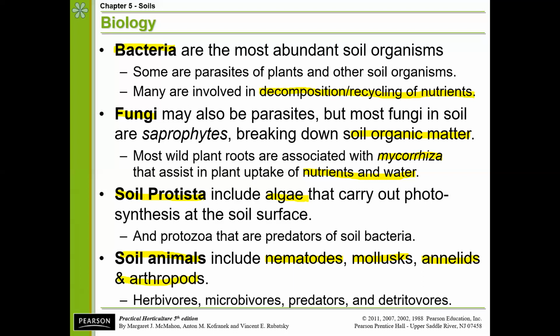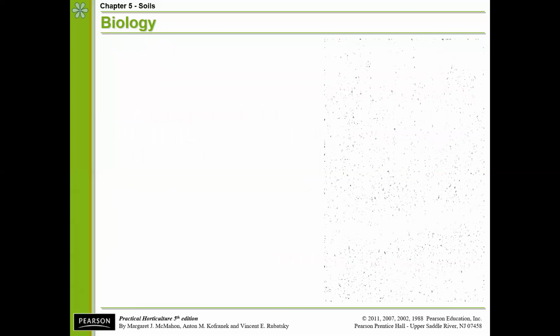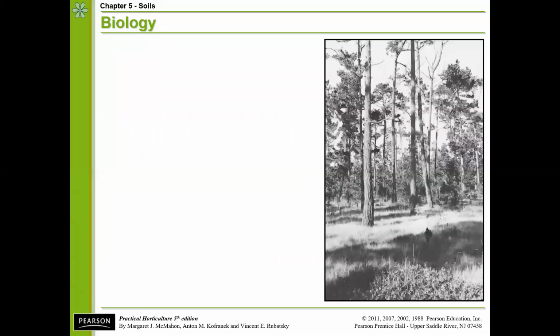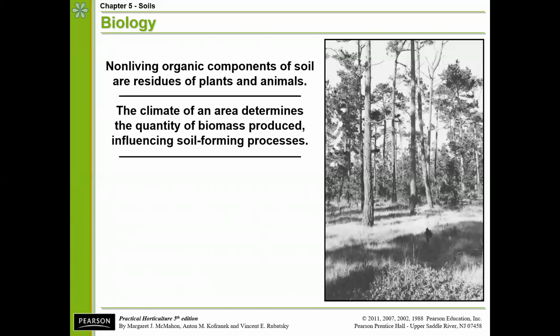That's all part of this breakdown. And again, for better or for worse, they can feed on plants or they can feed on other things in the soil. They can be good or they can be bad. Either way, we have a very rich soil biology, and it affects how soils are broken down.